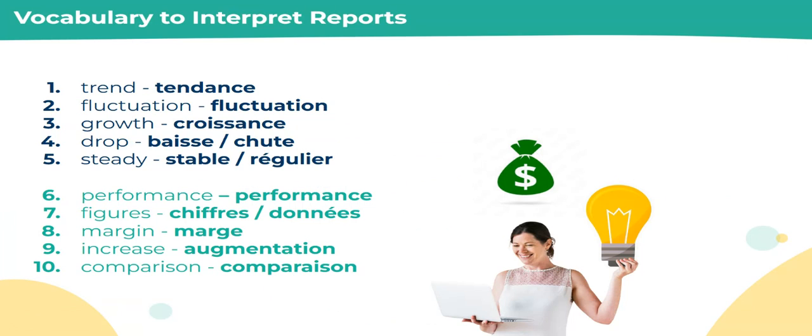Number 4, drop. Number 5, steady. Number 6, performance. Number 7, figures. Number 8, margin. Number 9, increase. And lastly, number 10, comparison.